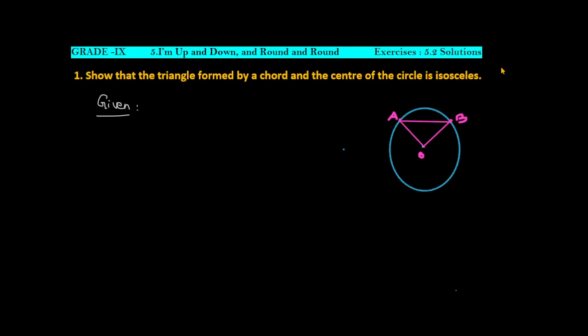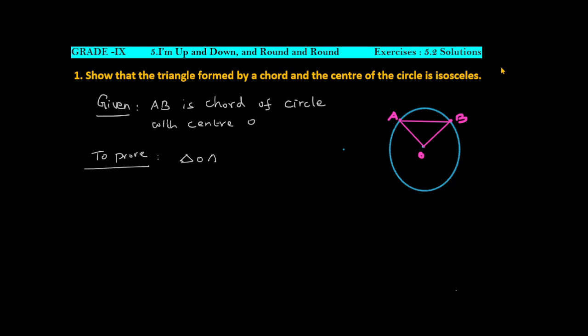Here given: AB is a chord of a circle with center O, and to prove: triangle OAB is an isosceles triangle. That's all. This is to prove.